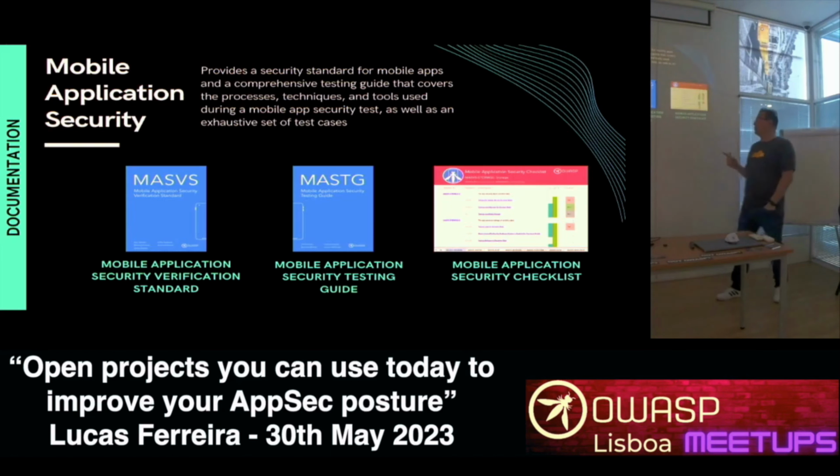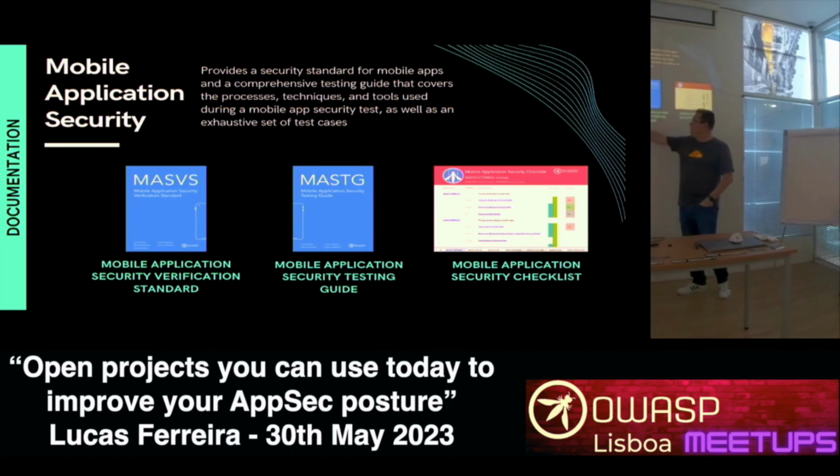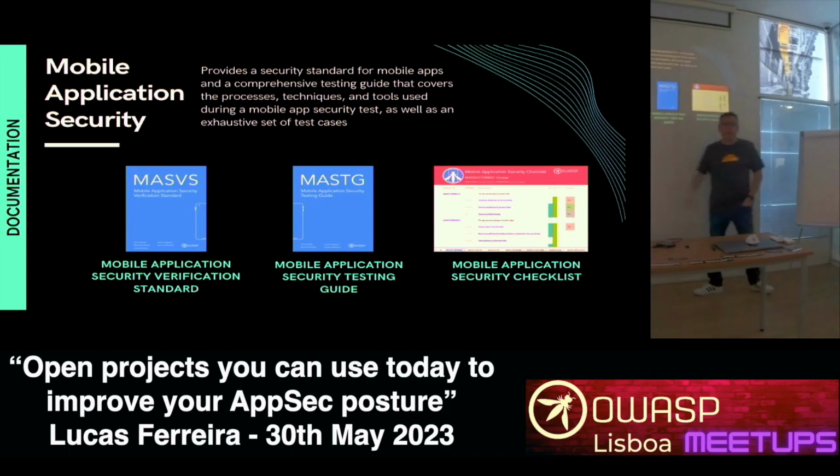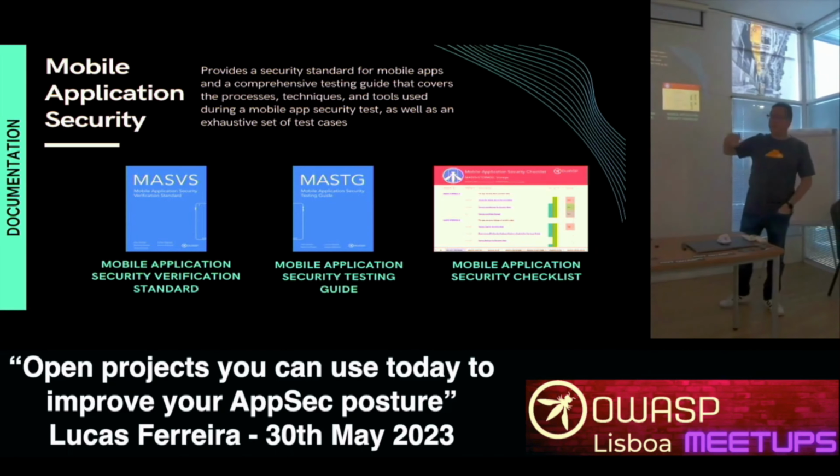Another interesting project now for mobile applications, so mobile application security, and they produce a ton of documents, basically 3 main documents. One is the mobile version for the ASVS, the Application Security Verification Standard. So how do we verify the security of mobile applications?